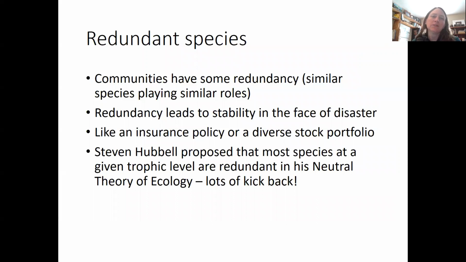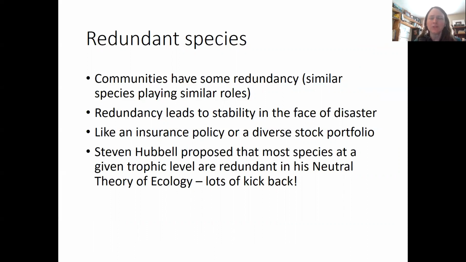So it's good for communities to have some redundancy, to have similar species playing similar roles. This redundancy leads to stability, both in the face of disaster, in terms of resilience, like having an insurance policy or a diverse stock portfolio, but it also can change the way ecosystems function.